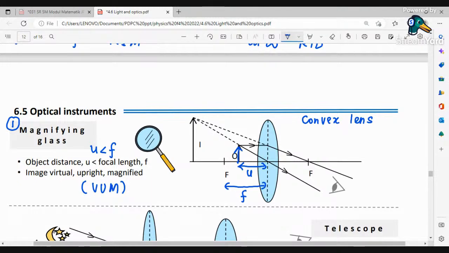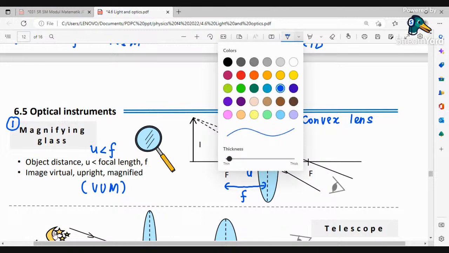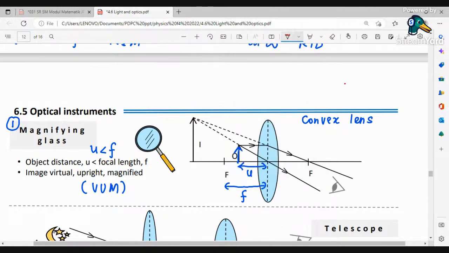When you draw the ray diagram, the ray parallel to the principal axis converges to f. The ray passing through the center goes in a straight line.